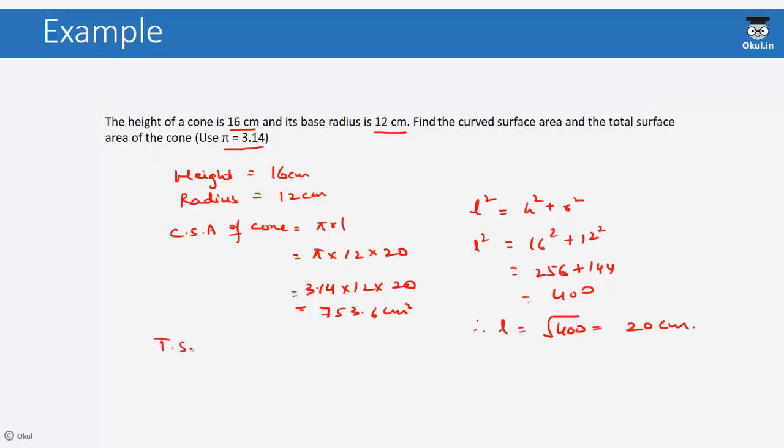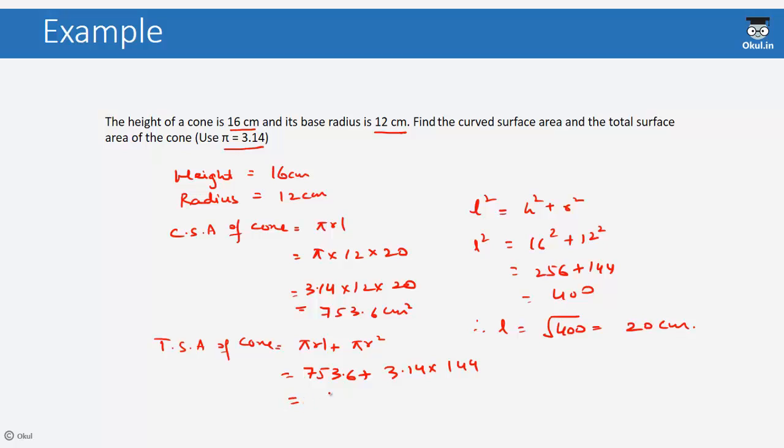Now we need to find the total surface area of the cone, so we'll add the base to it, that is a circular base. So the total surface area of the cone is equal to pi r L plus pi r square. We have found the value of pi r L, that is 753.6, plus 3.14 into the radius 12 square, that is 144.